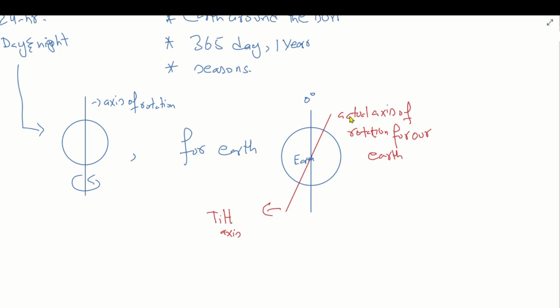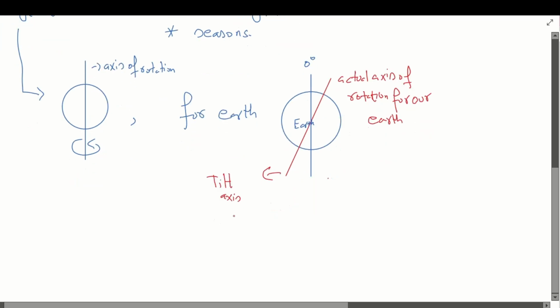It has some tilted angle. And that tilted angle is basically the main cause of our seasons and the difference of the seasons for the northern hemisphere and for the southern hemisphere. Definitely I will explain that later. So it's not distance that changes the season, it's our tilted axis of rotation that is the main cause of the season.